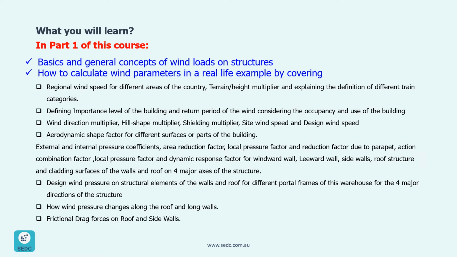These factors have to be determined for windward walls, leeward walls, side walls, roof structure, and cladding surfaces of the wall and roof with respect to the wind on 4 major axes of the structure.